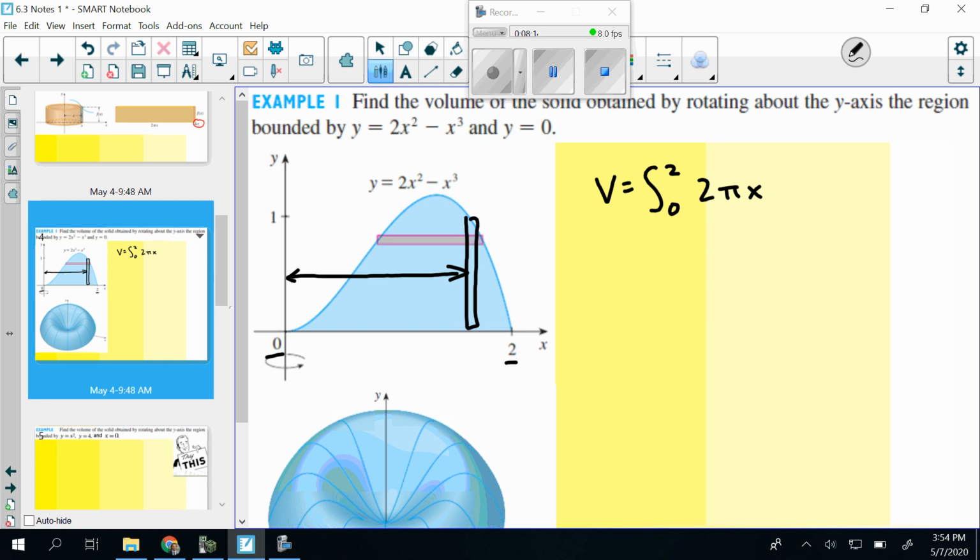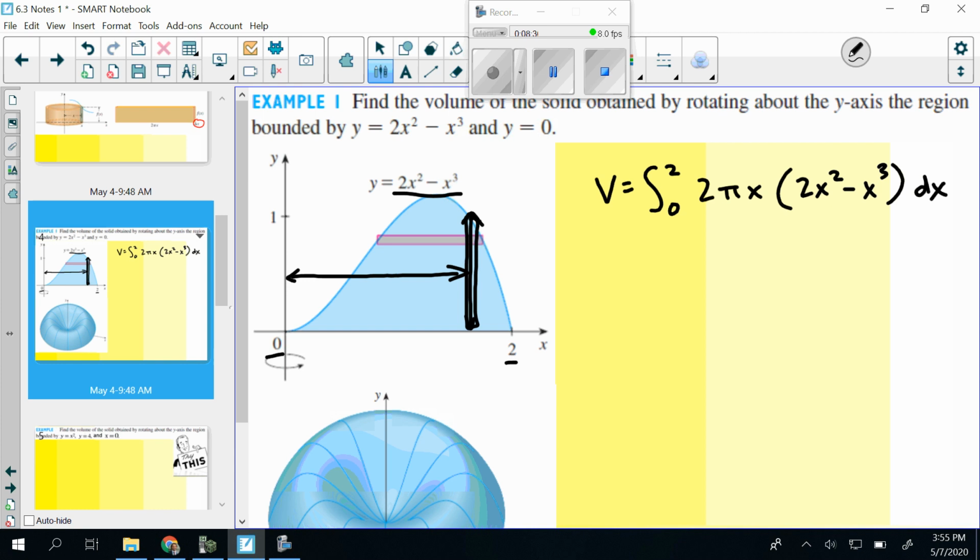Next, what is the height here? Well, this height is just our function height here, 2x squared minus x cubed. And then the thickness of that shell would be dx. If we integrate this now, this would give us our volume.